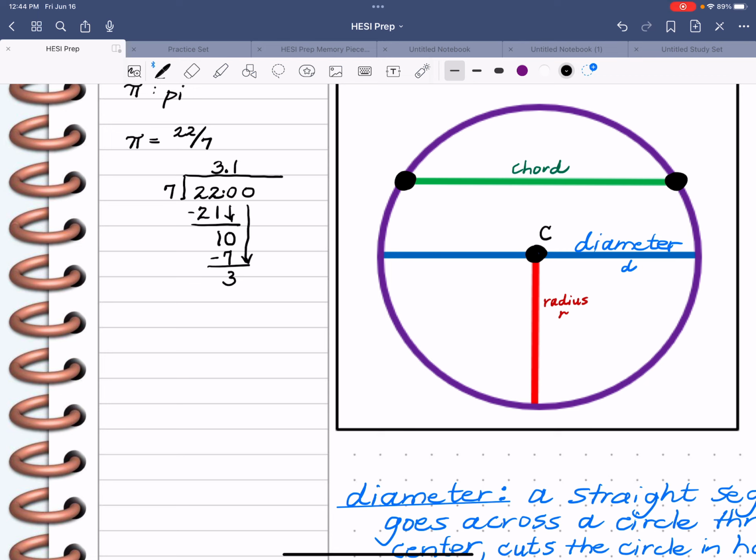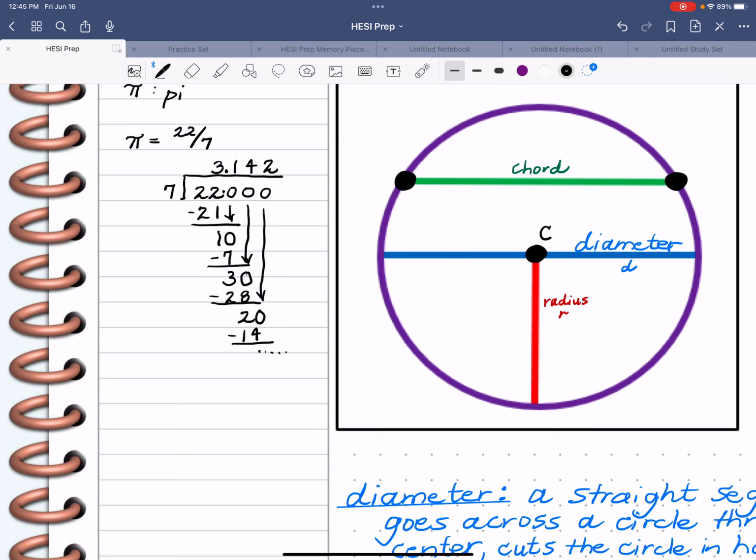Now I happen to know that pi never terminates. No matter how long I did this, it would never ever terminate. So I'm going to take it one more step, meaning I'm going to add one more 0. 7 into 20 is 2 times 14, and this is going to continue on to infinity.